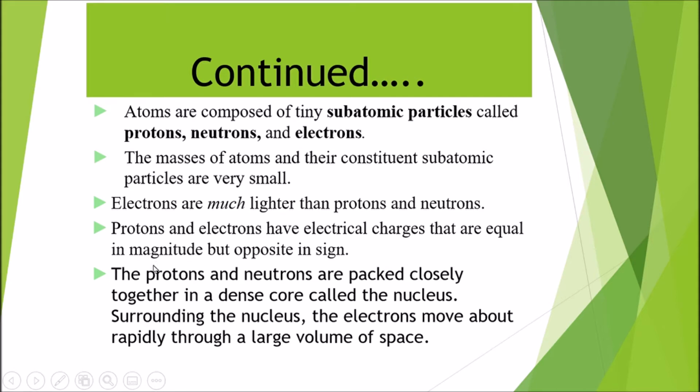Now, protons and neutrons are packed very, very tightly close together in a little area we call the nucleus, or the center of an atom. The electrons don't want to be anywhere near that nucleus, so they circle and orbit the nucleus at a relatively great distance.